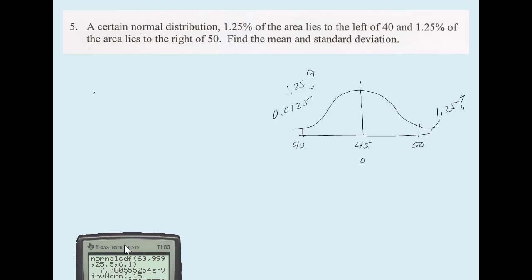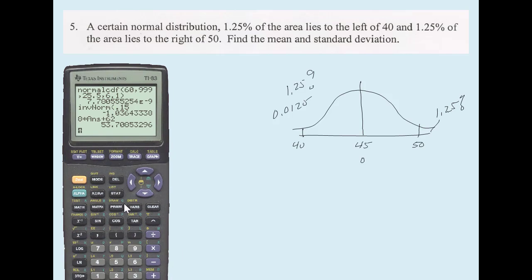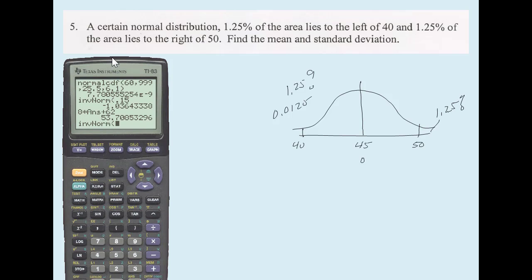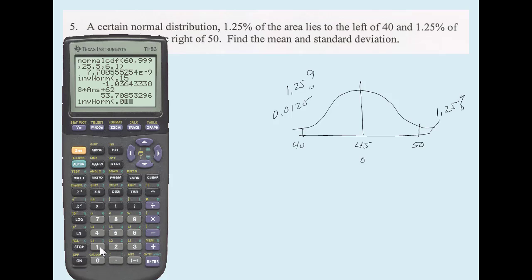I need to find a z for 1.25%. So second vars, inverse norm of 0.0125, is about negative 2. So this is -2.24, and this is 2.24.